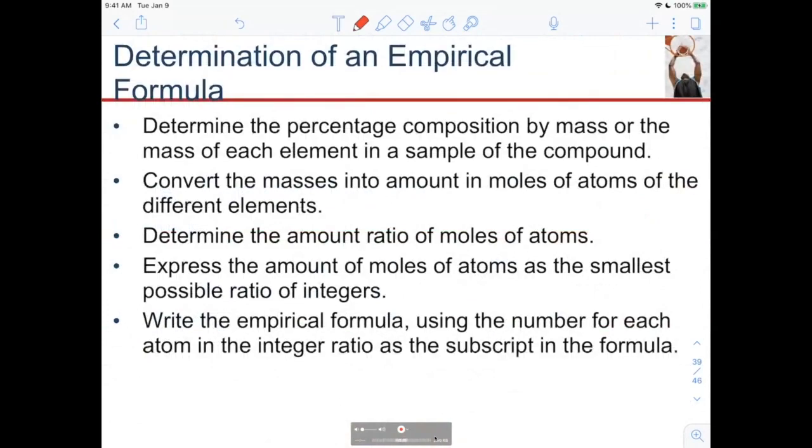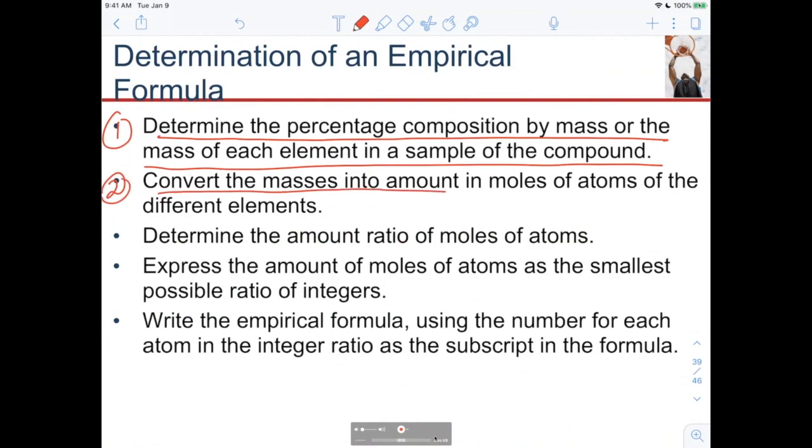So I really like the empirical formula determination once we learn it because it has steps. I realized I really like steps. Step 1, step 2, step 3, right? So here, step 1, determine the percentage composition by mass or mass of each element in a sample of a compound. Step 2, convert the masses into the amount in moles of the atoms of the different elements. So you want to write this down.